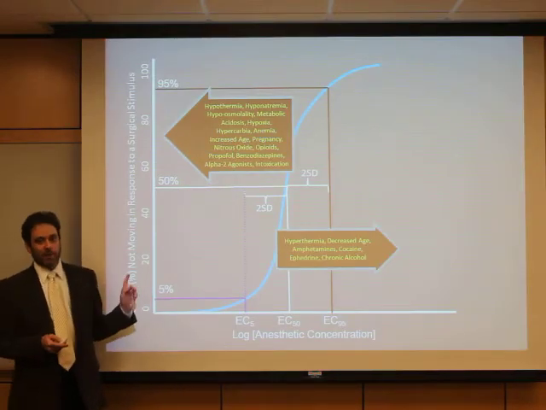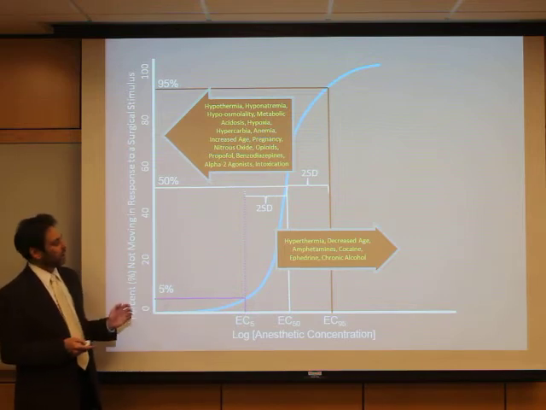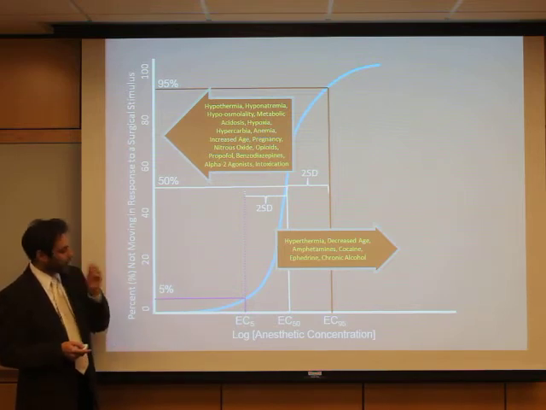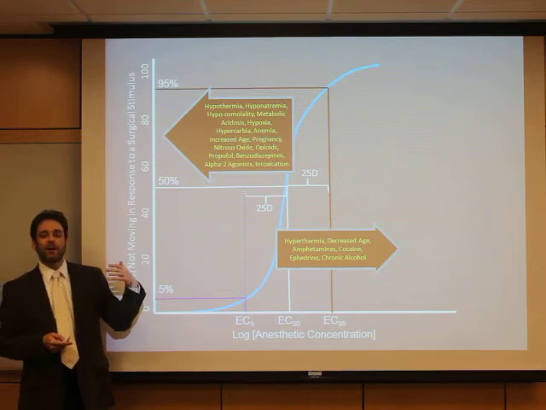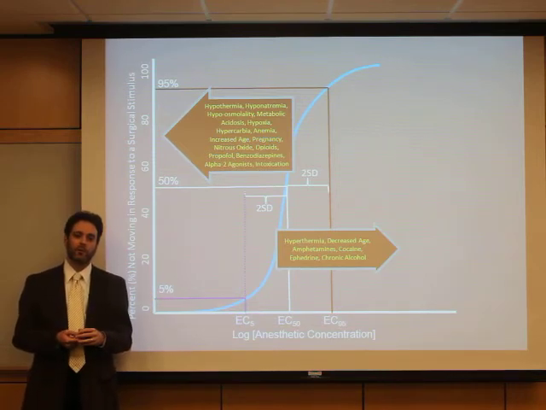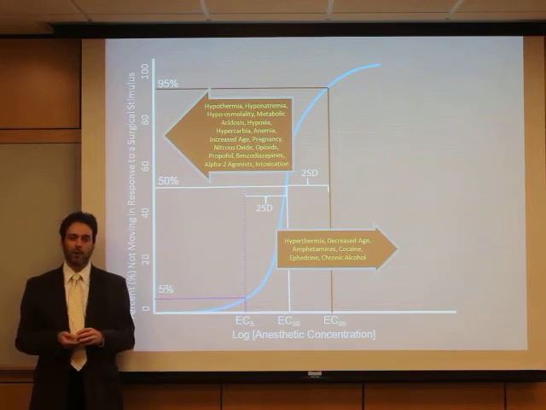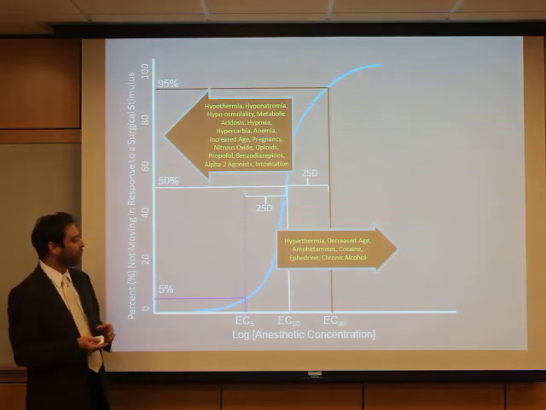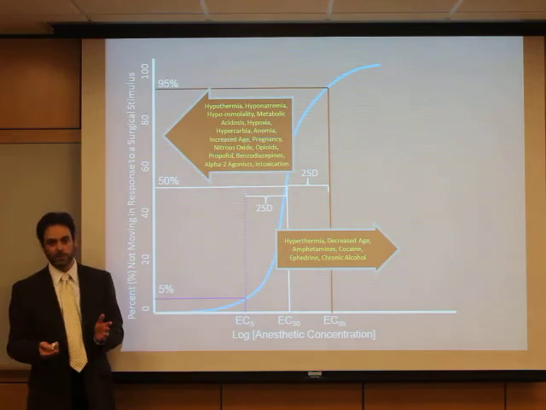In thinking about that previous graph where I showed a log dose response curve, there are things that are known to increase and to decrease the amount of volatile anesthetic that we require to prevent movement to a noxious stimulus.